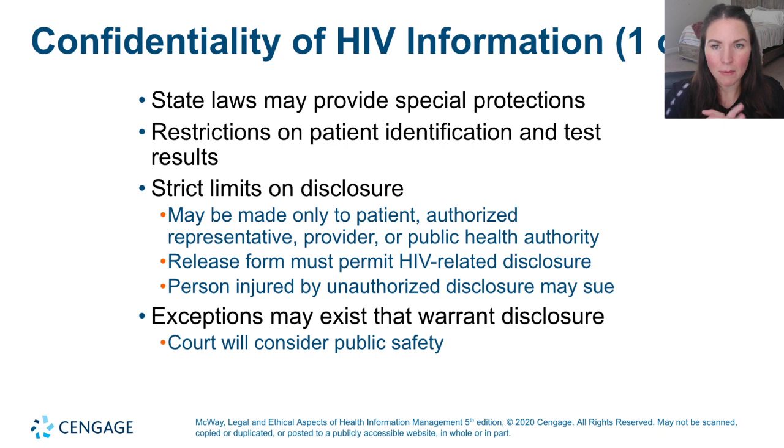Like we've talked about before, the release form has to have a special part specifically stating HIV related information can be disclosed, that the patient has to check off. And of course, if there is an unauthorized disclosure, the patient can sue. There are exceptions that can allow disclosure, but that's really related to public safety.